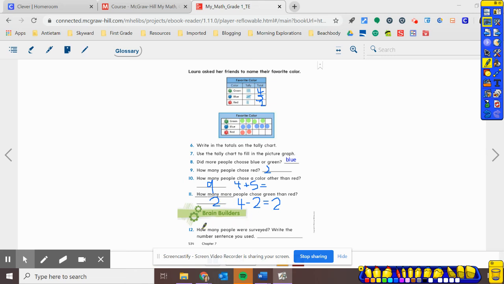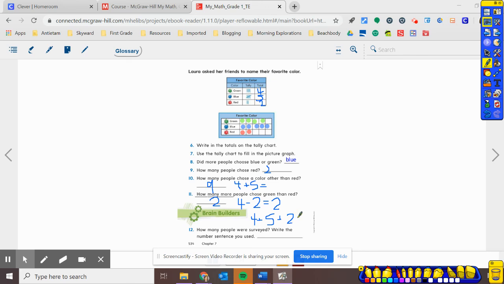And finally, number 12 says, how many people were surveyed? Write the number sentence that you used. So how many people were surveyed means how many people were asked all together. We need to add all of these numbers up. So first I'm going to use 4 plus 5 plus 2.